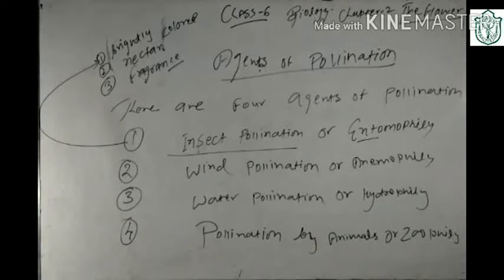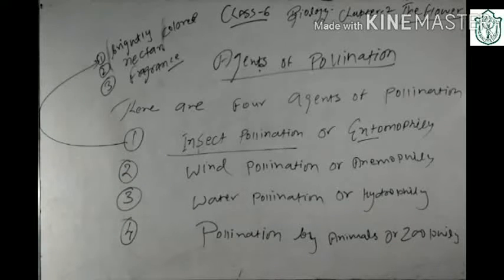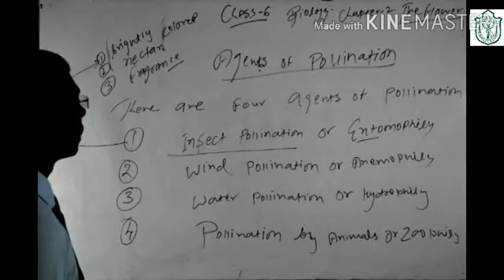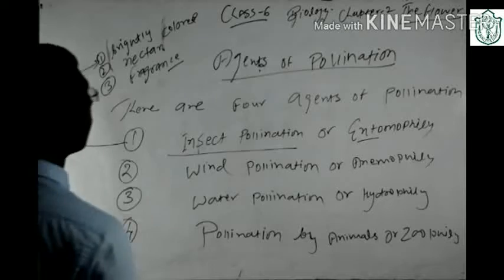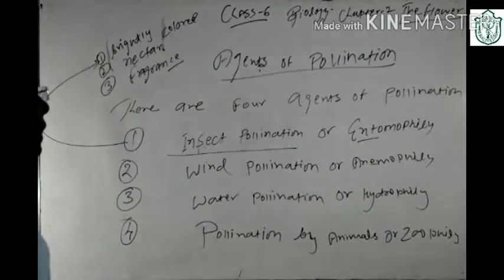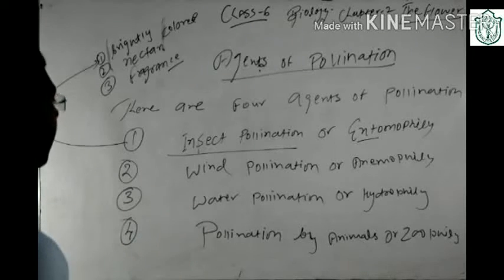What happens in this type of pollination? Insects are attracted towards the brightly colored, nectar-rich and fragrant flower, and they come to the flower. When they sit on the flower, the pollen grains from the anther attach to their body.